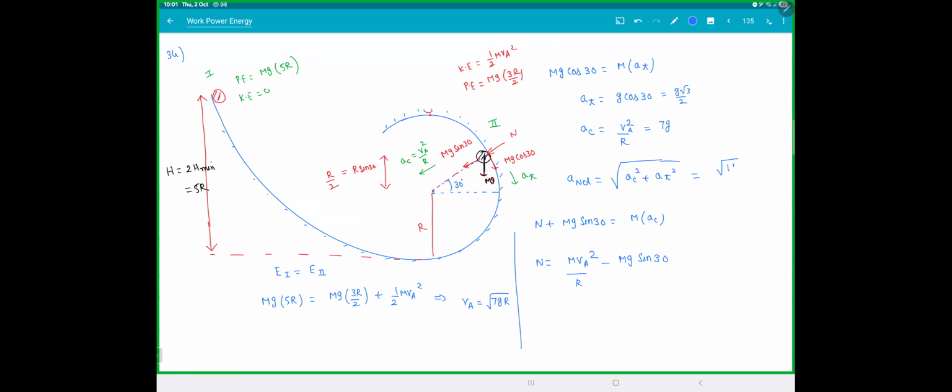So that is root 199 g by 2. And this normal reaction will be m v square by r, this is 7 mg, minus mg by 2. This is 13 mg by 2. Check your steps.